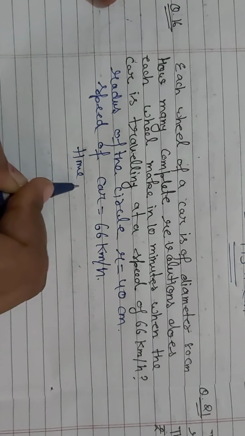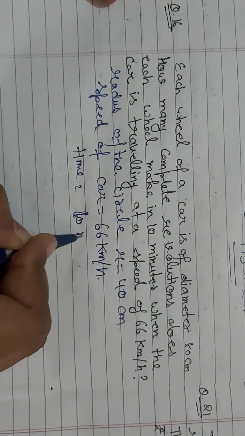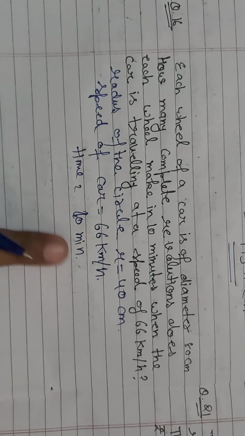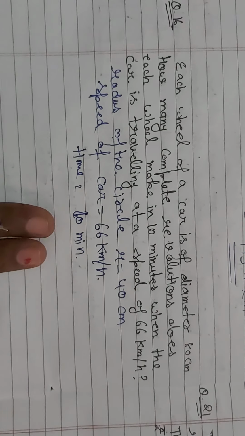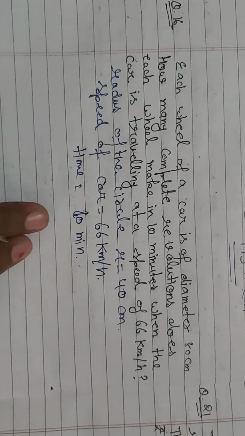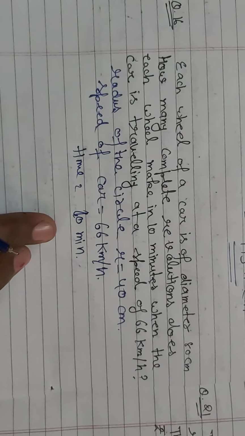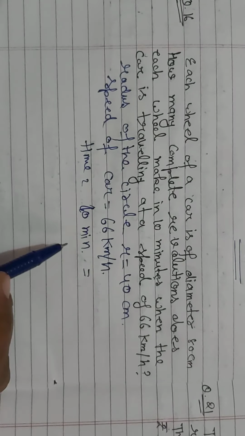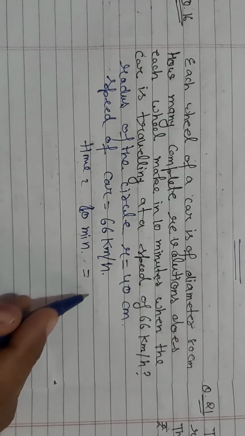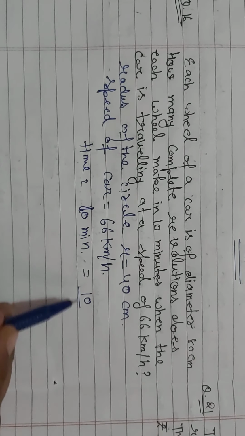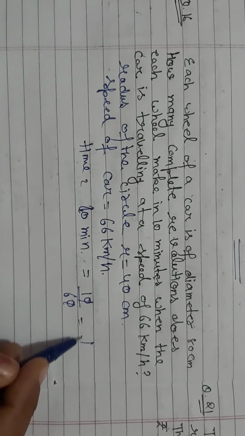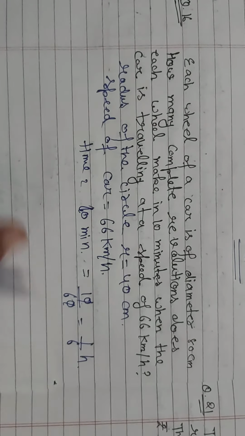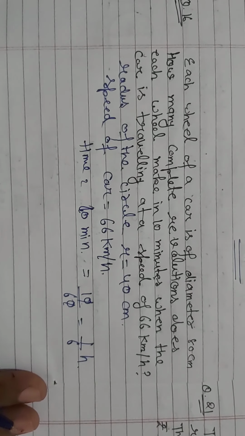Time, 10 minutes. Speed is in kilometer per hour and time is in minutes. So first we convert minutes to hours. In 60 minutes there is 1 hour, so we divide 10 minutes by 60. That is 1/6 hour. 10 minutes equals 1/6 hour.